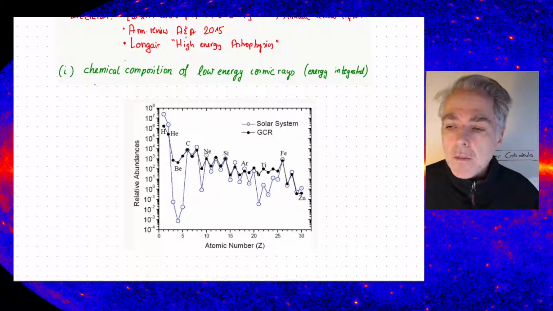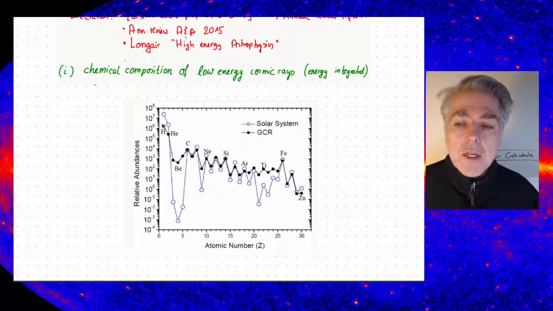You find that for most of the species almost up to iron, you will find very similar numbers. So silicon is very similar, neon, argon is very similar, and so on and so forth. You also find a similar shape in terms of helium and hydrogen, even though there's apparently slightly less hydrogen than helium. But if you shift these two curves, you basically would see that the relative abundance is again about the same.